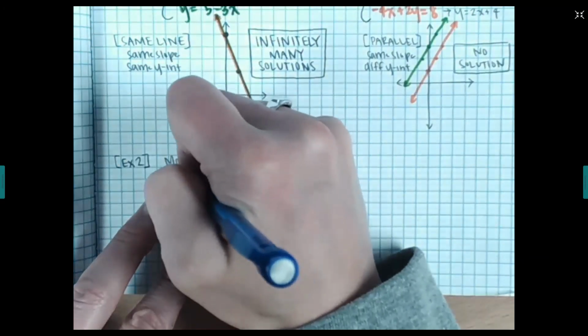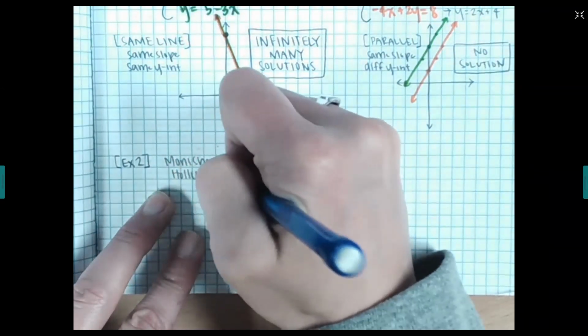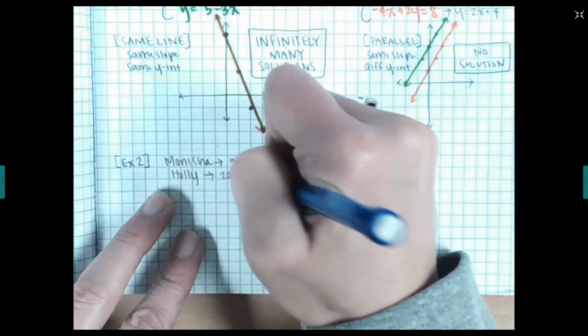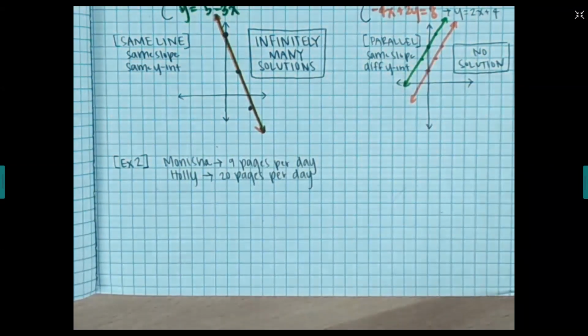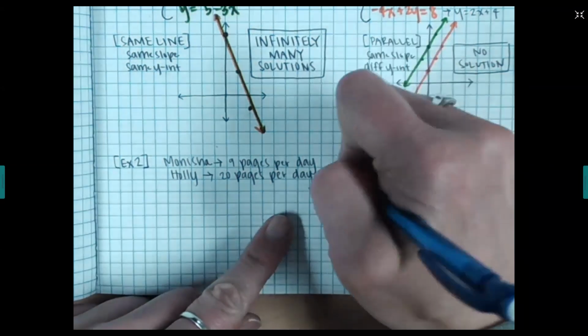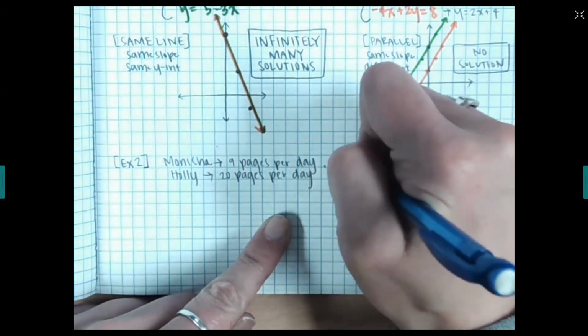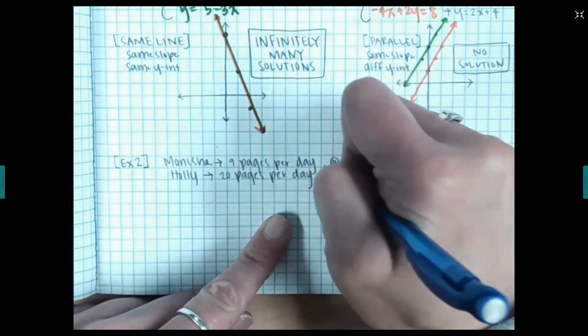And Holly is going to read 20 pages per day. Monisha starts at page 96 and Holly has read to page 6. So Monisha's at page 96 and Holly is at page 6.